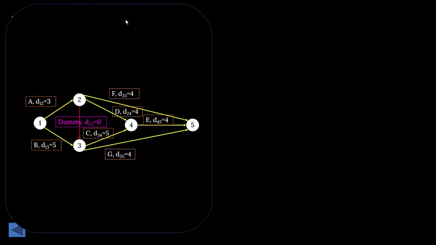Let us take this network once again. It is a known network, already you have used many a times in these discussions. Now here, let us find out the path first. All the probable paths. Probable path means starting from the first node to the last node, how we can reach.